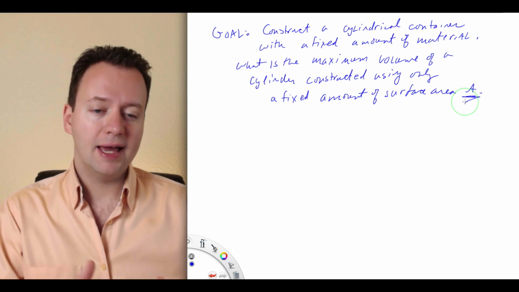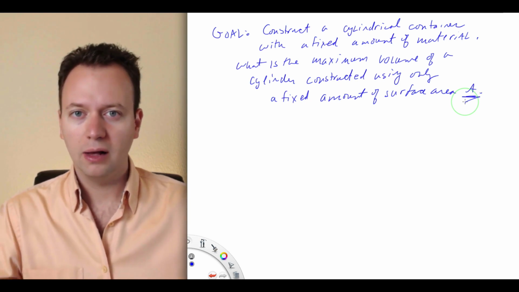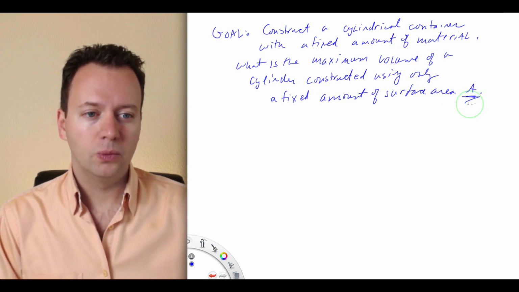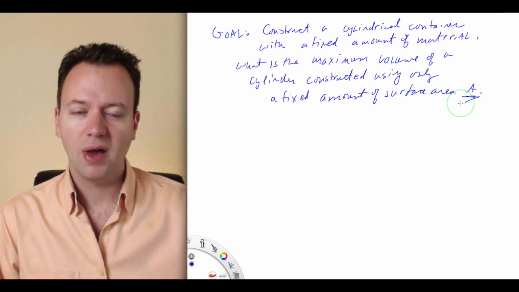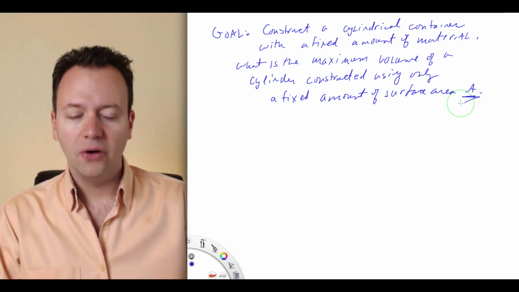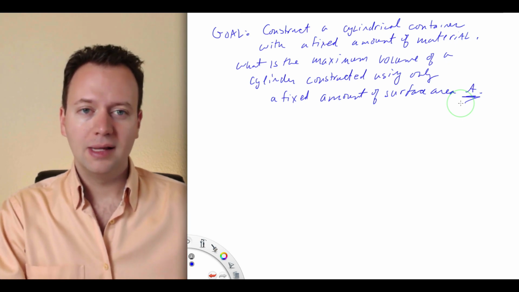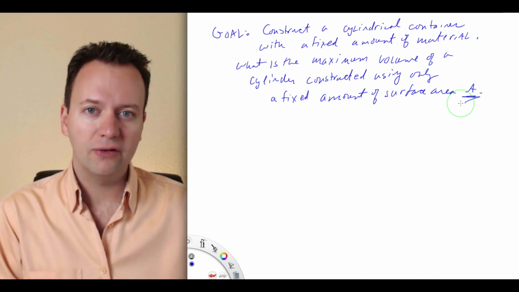So instead of just saying, okay, I have 100 square inches of aluminum material, what's the maximum volume cylindrical can I can make out of that? Well, you do the problem using a total fixed amount of 100. Then somebody else comes along and says, well, I have 200 square inches, and somebody else has 175 square inches, and so forth.